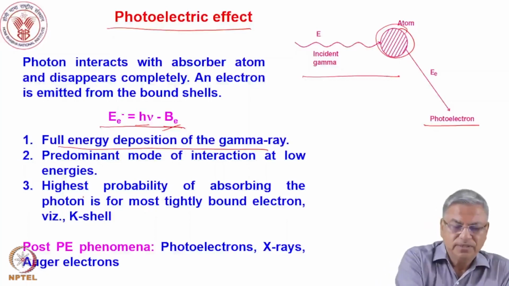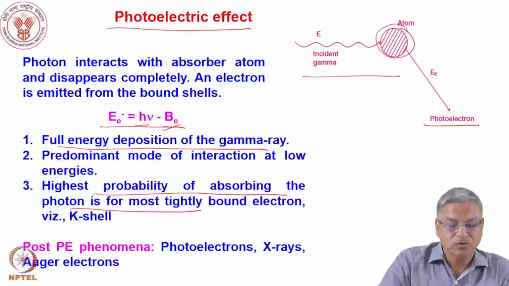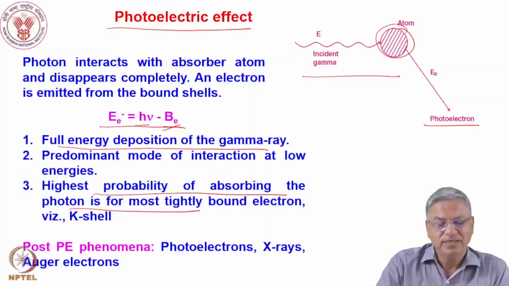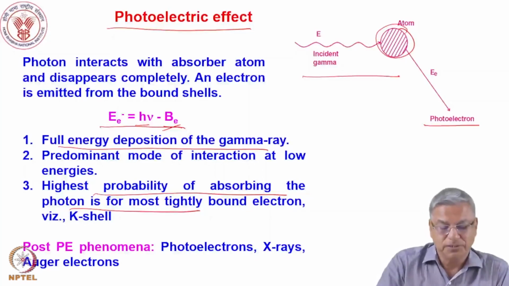So the highest probability of absorbing the photon is for the most tightly bound electron, that is, the K shell. If the energy of the photon is more than the K shell binding energy, then it is predominantly the K shell electron that is emitted.